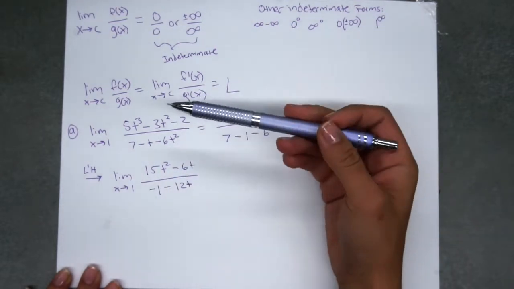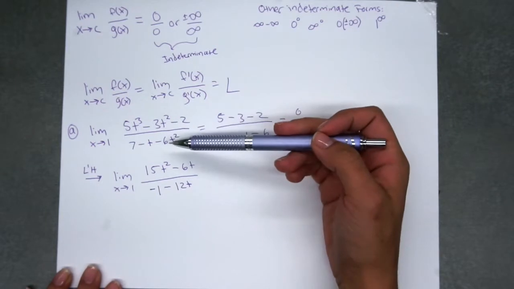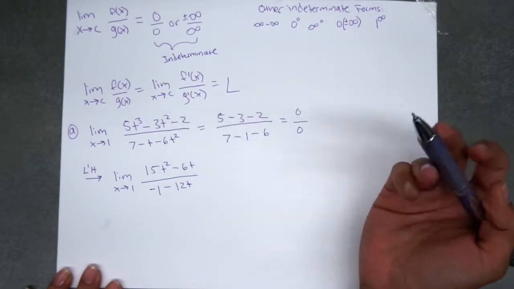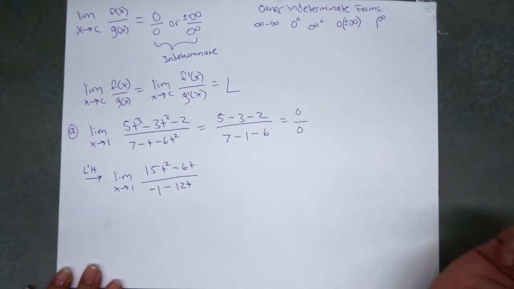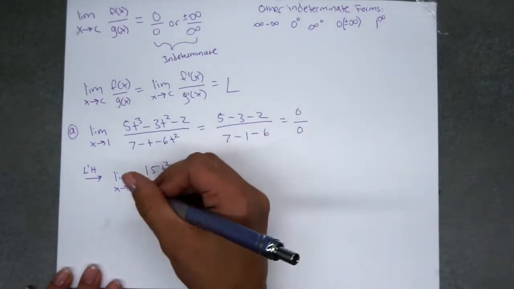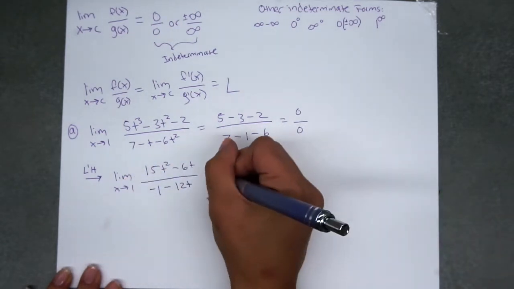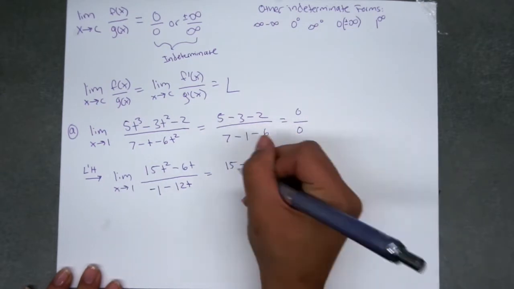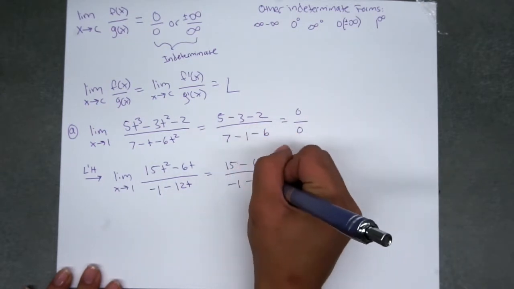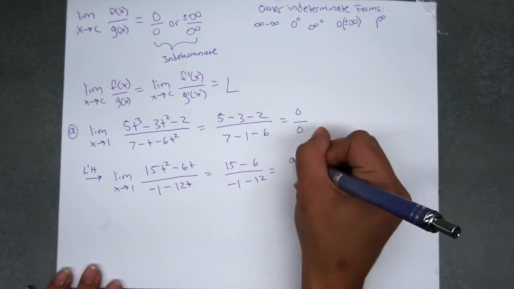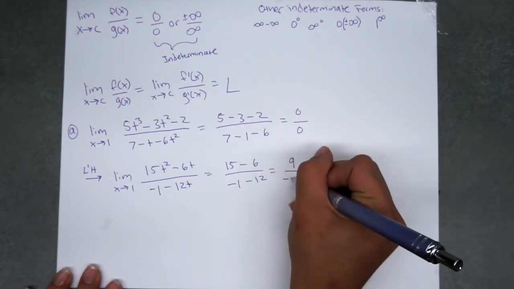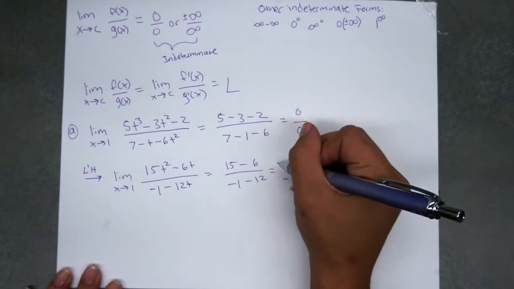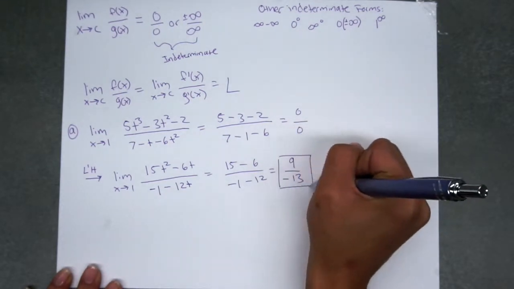And here we're taking the derivative of the top and the bottom separately, so don't get this confused with the quotient rule. So now, plugging in 1, we would get 15 minus 6 divided by -1 minus 12, and that equals 9 divided by -13. And that would be our limit of this function.